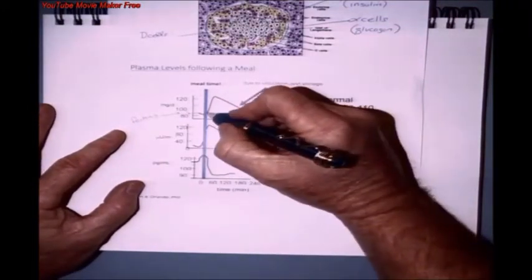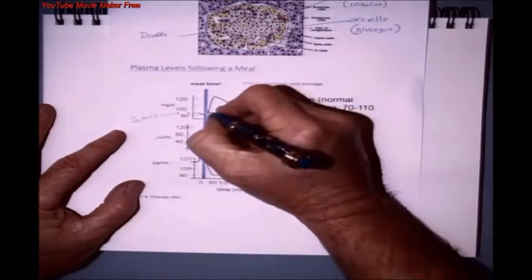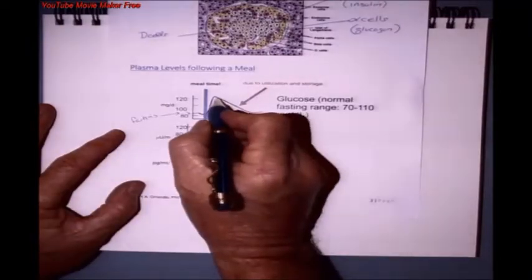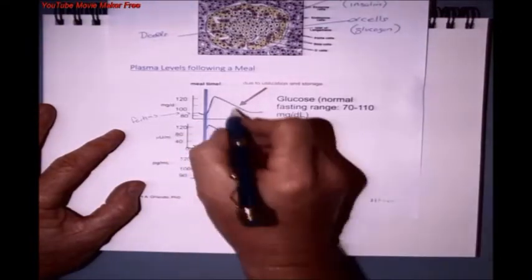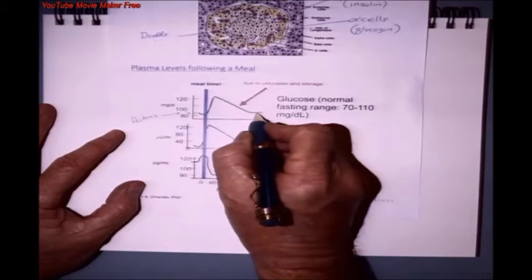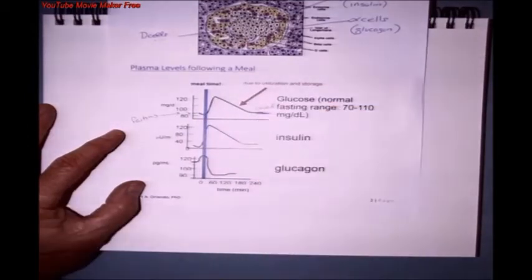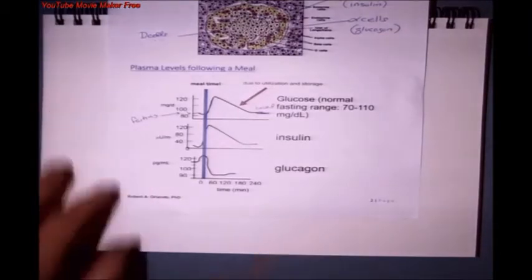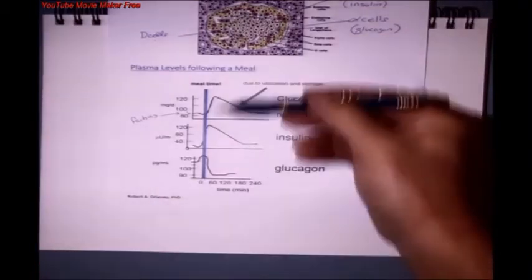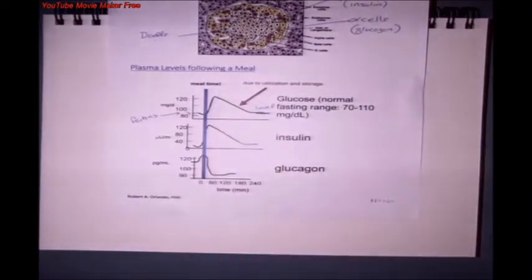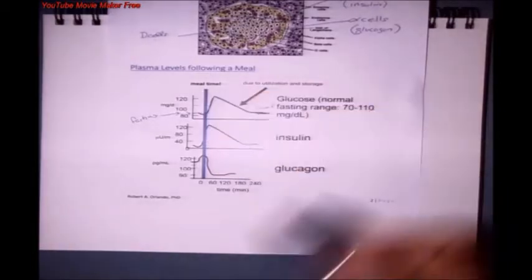And we see that our glucose levels increase up to about 120, 130 milligrams per deciliter. And then over a period of approximately a couple hours, we see this decline and return back to basal levels. Now, in order to measure this, you would have to have somebody eat a meal, and then typically what you would do is draw some blood every 15, 30 minutes and measure their glucose levels.